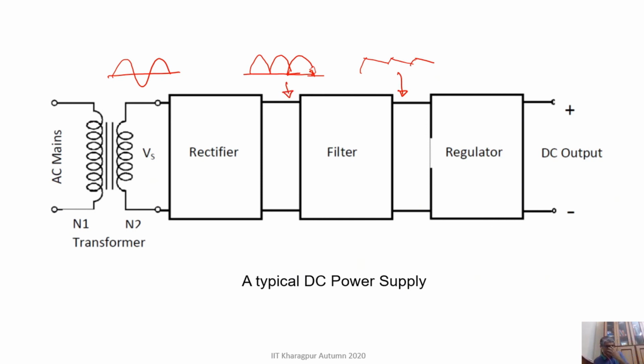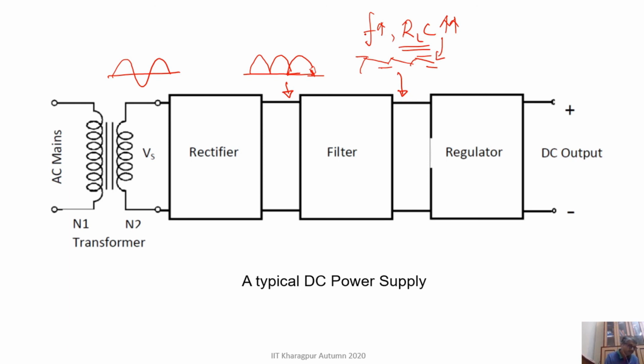And this ripple amount can reduce if we have your R_L C larger. So if we increase your R_L C or if we increase the frequency of the input, then your ripple will reduce. So this part we have learned today.